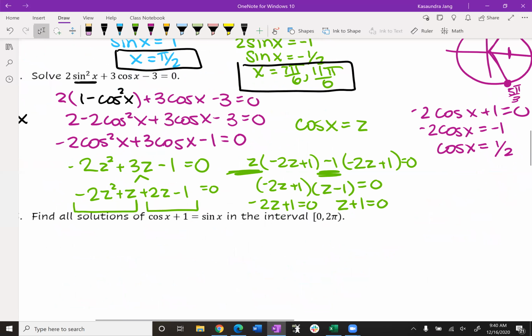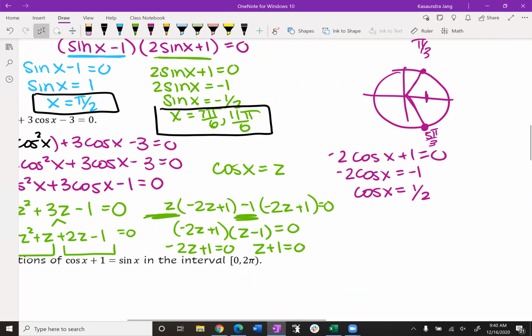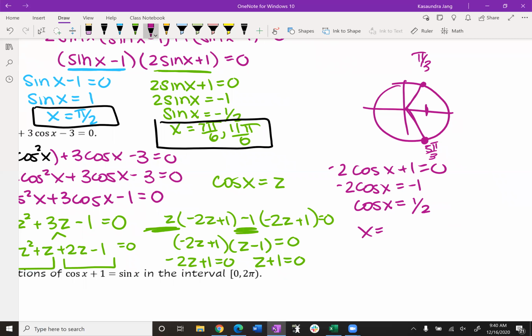This will be my x equals pi thirds, and then another full circle, so plus 2 pi gets me back there. I'm gonna add 2 pi times n. I did not add 1 pi. 1 pi is like half a circle. If I went half a circle, I would have ended over here.